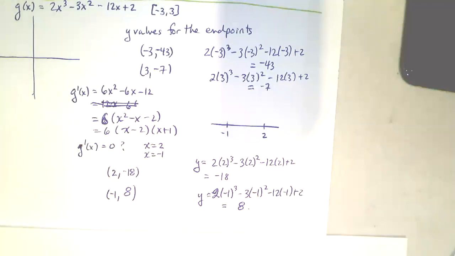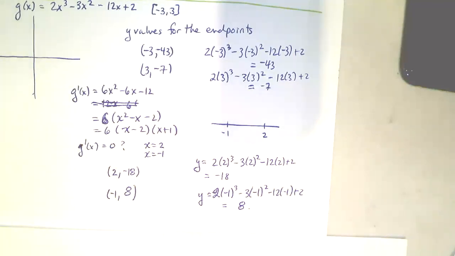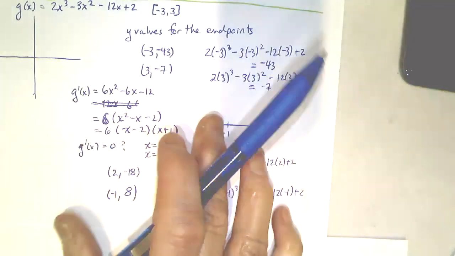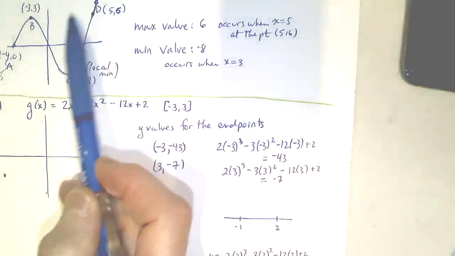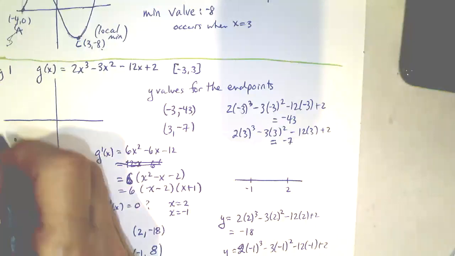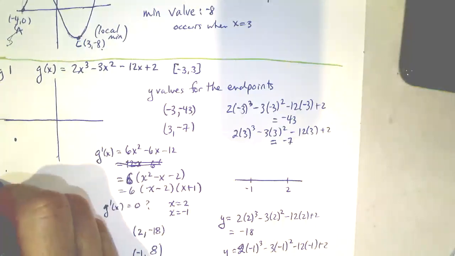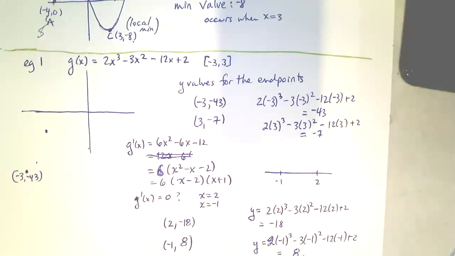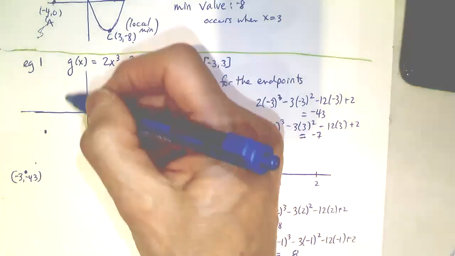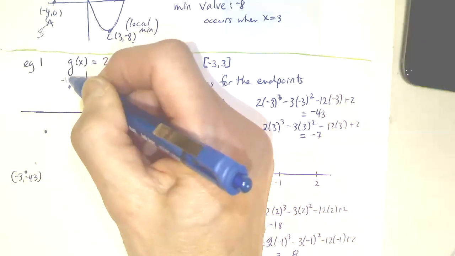Now, I'm going to do a sketch, but the fact is you don't have to do a sketch, but it'll just make the point clear. I found the y values for the endpoints. So that's the equivalent of these 2 points. But in our function, -3 is way down here at -43. It's pretty low. -1 is up here at 8.